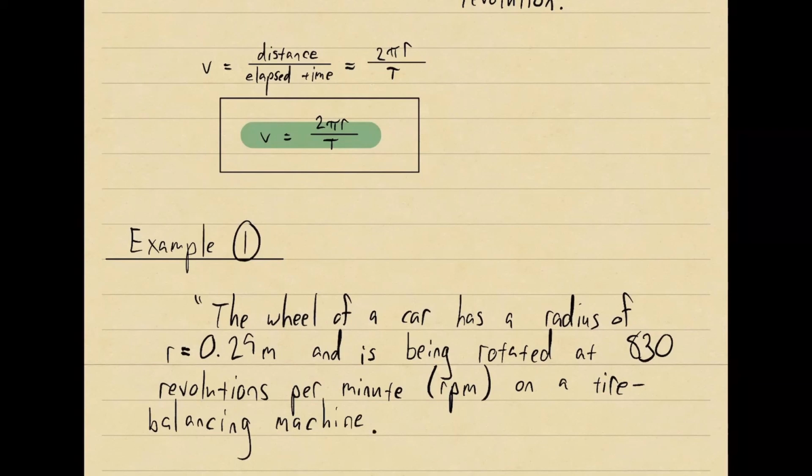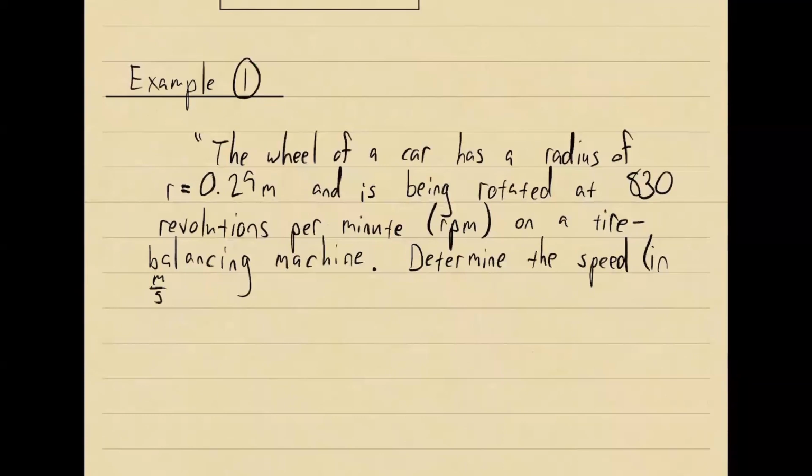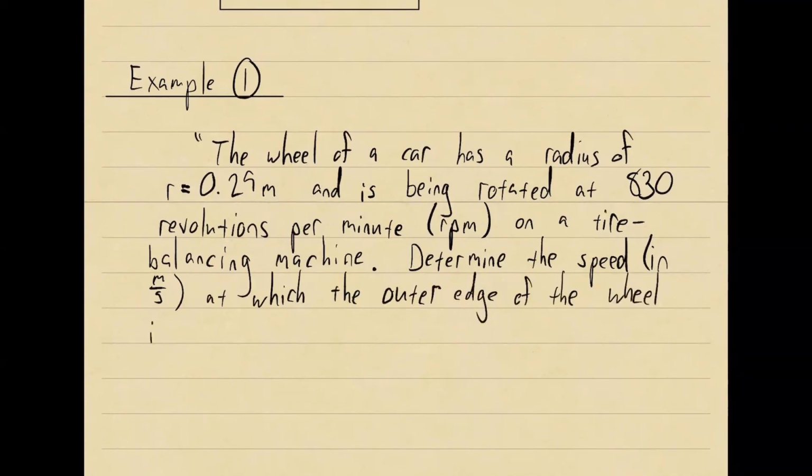The problem wants us to determine the speed, in units of meters per second, at which the outer edge of the wheel is moving.